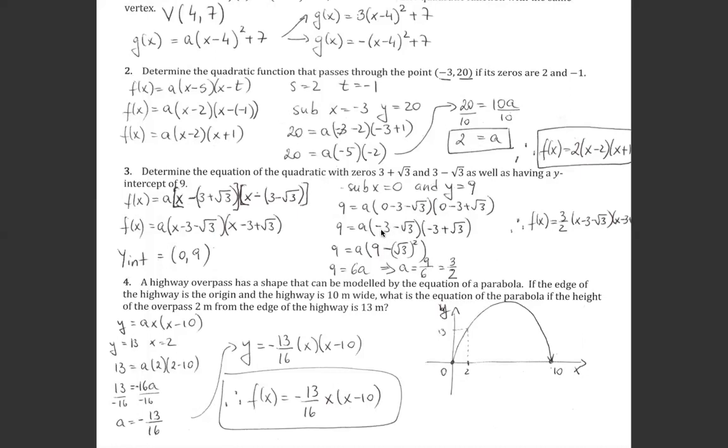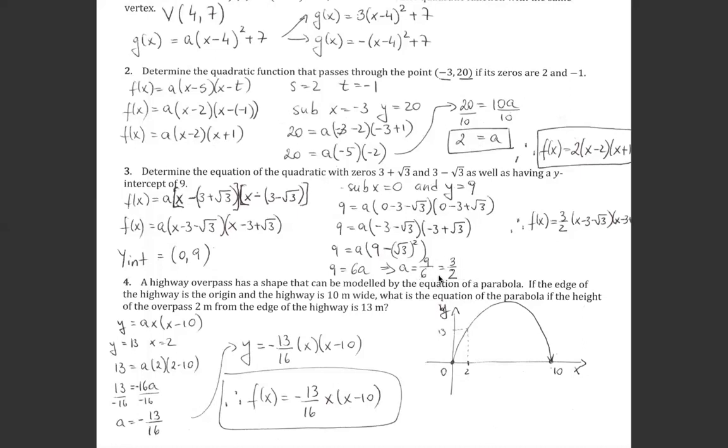If you notice, the first term is -3 and the second term is √3, and we have a minus and a plus, which means this is a difference of squares. So (-3)² minus (√3)², which means 9 - 3 = 6. So a = 9/6, which simplifies to 3/2.